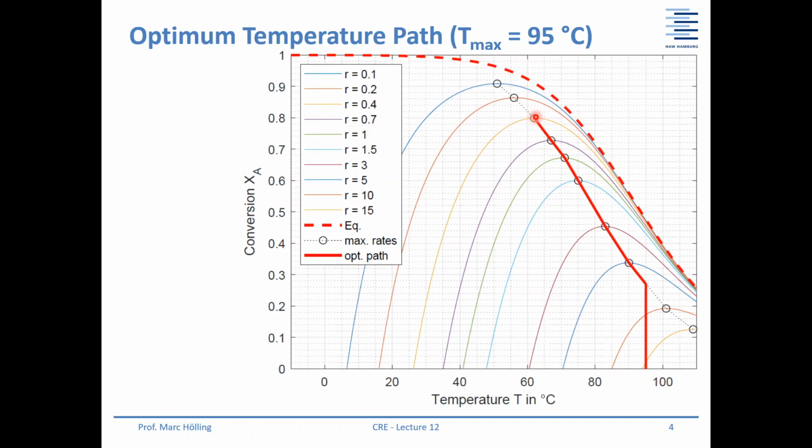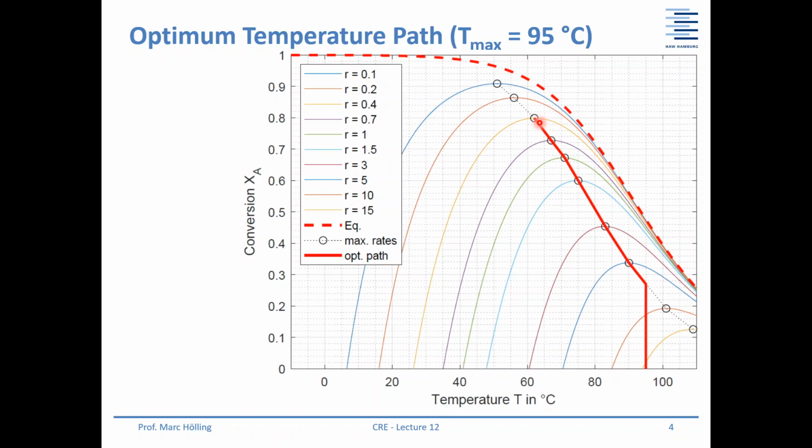I think I gave it to you in the last example, even if the starting concentration was different, but we had the same target conversion of 80%. Okay, so now we know how our perfect temperature would look like for this reaction.